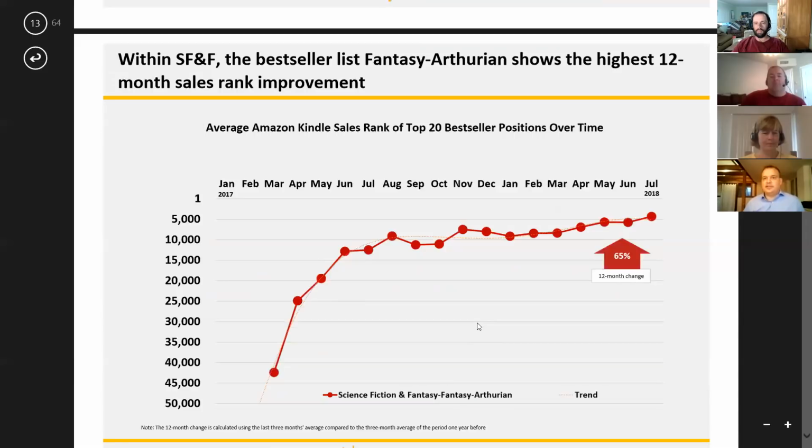So you can then say, well, what is currently trending? Here we have 18 months of data. And here's a very important point. For example, the one bestseller list in sci-fi and fantasy that showed the highest sales rank improvement over the last 18 months was science fiction, fantasy Arthurian.